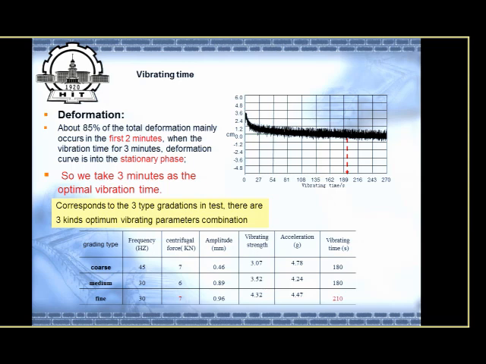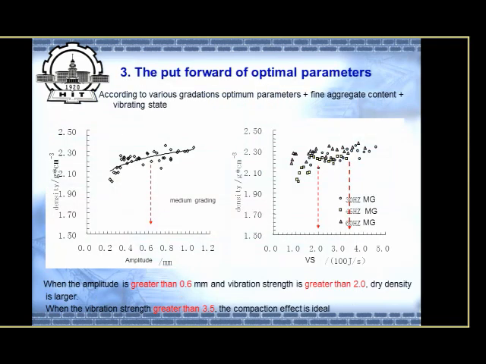We see that a fine gradation needs a long time to compact, and the centrifugal force will be as high. There are 3 kinds of best parameters, but when we use them, it is not convenient. So we combine them together and put out one best parameter.